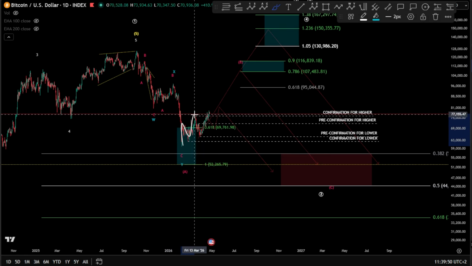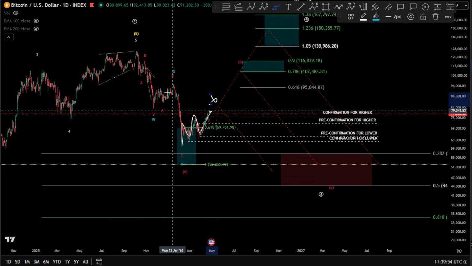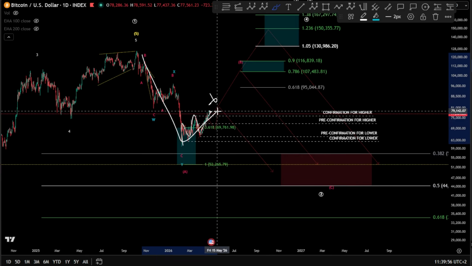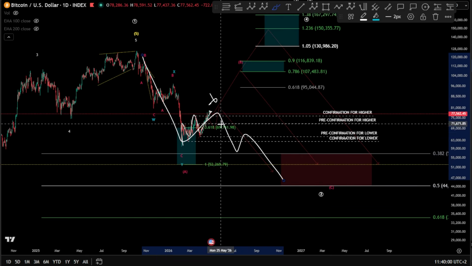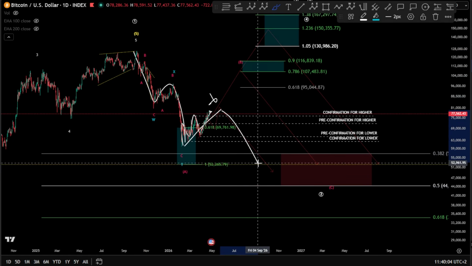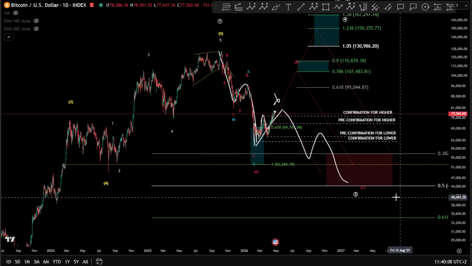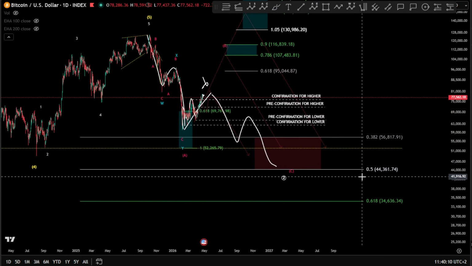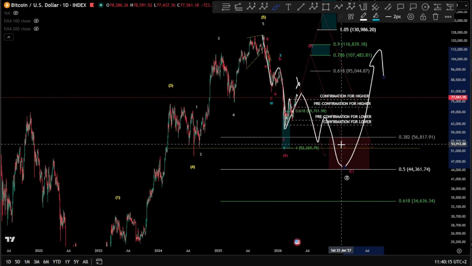So you have an A, B, and a C regular flat in a large X, and then you get a W, X, and a wave Y. The wave Y might be here a zigzag, of course, something like a double zigzag, meaning an X and a wave Y. And then it can hit the 0.5 Fibonacci level and take the 44K here, and then start the push toward the upside.